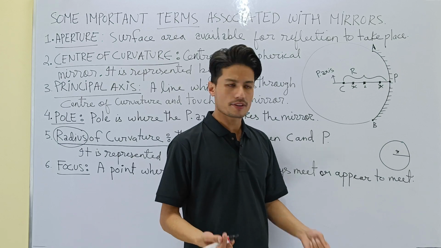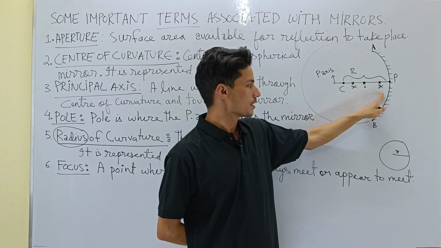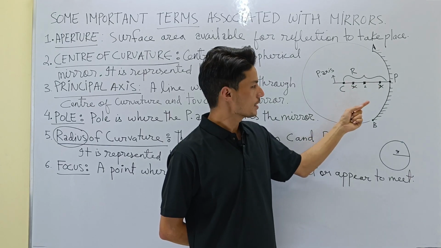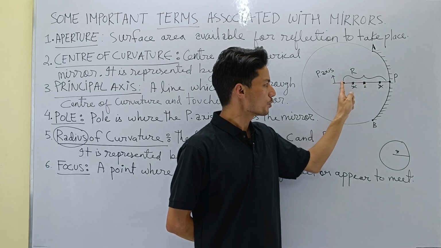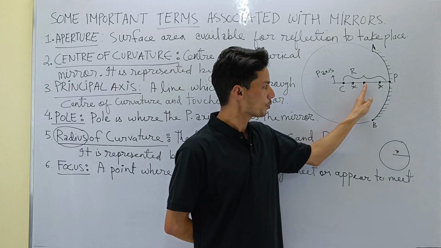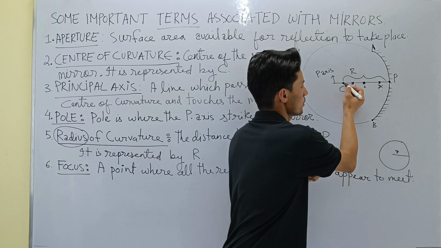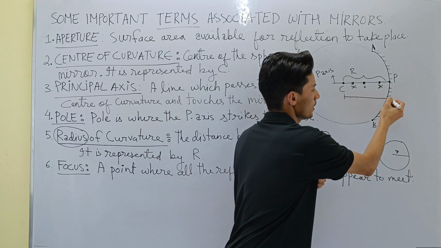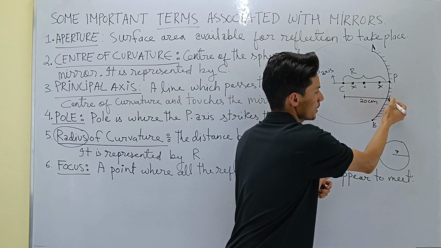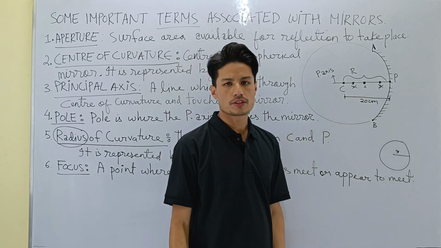Now, on what criteria am I saying that the focus will be at 2? Why can't it be at 1? Why can't it be at 3? See, there's another way of identifying the focus, and you have to remember this: focus is also the midpoint between C and P. I repeat again, focus is also the midpoint between C and P. Suppose CP is 20 centimeters. Then the midpoint will be half of 20, which is 10, isn't it?